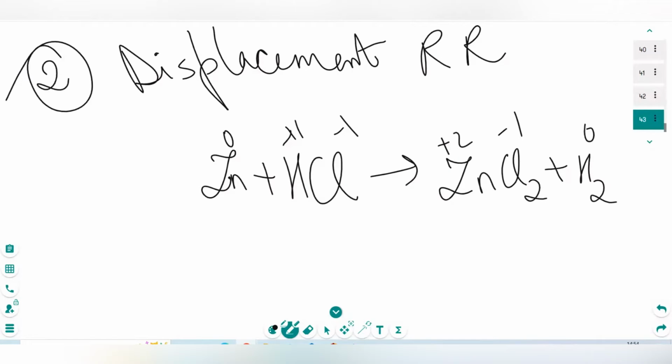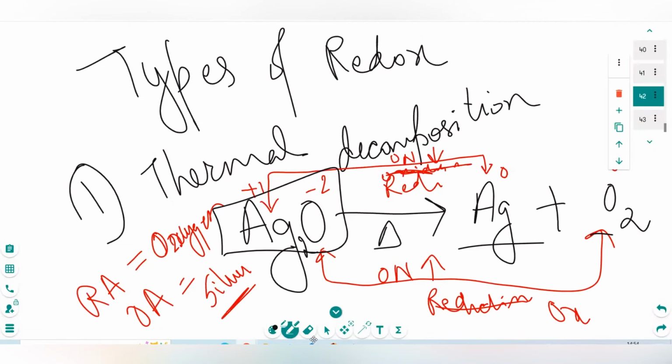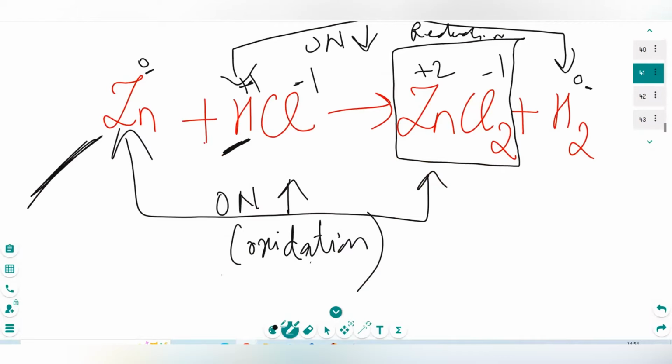So what happens? You told me, okay ma'am, Zn is the oxidizing agent. Correct? You just now told me. Not in this example, but when we were doing the earlier one, you told me that Zn is the oxidizing agent here. Oh, I thought it was the reducing agent.